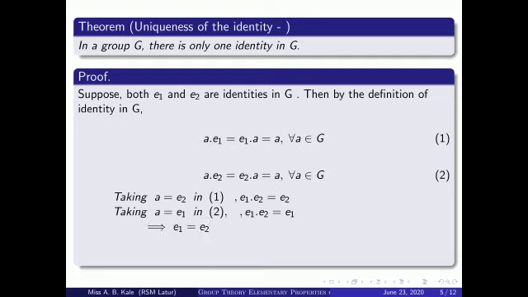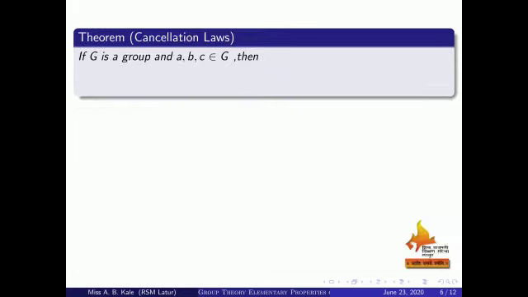Therefore, from above, it implies E1 is equal to E2, since the left hand sides of both are equal, therefore the right hand sides must be the same. Hence, the identity element of G is unique.